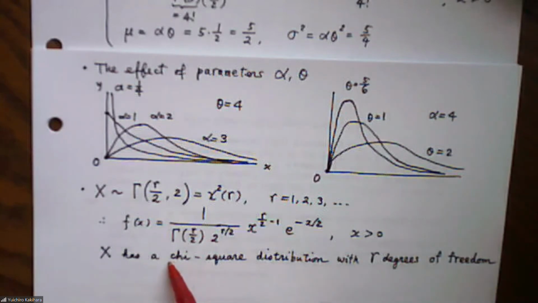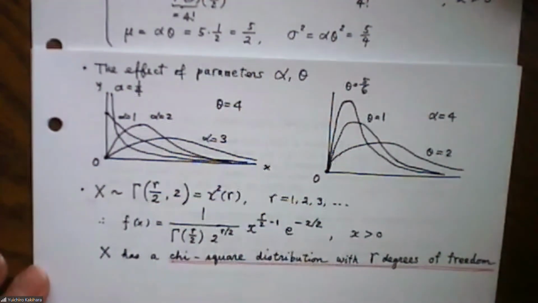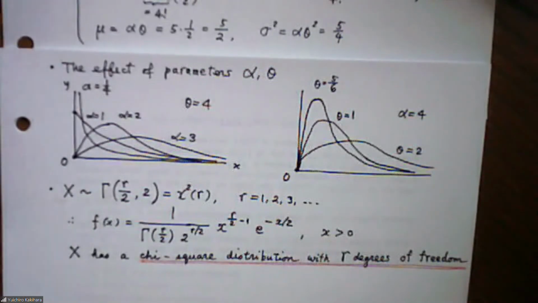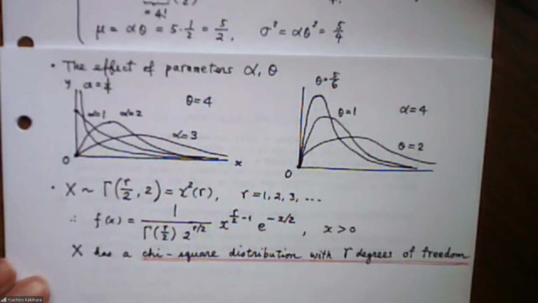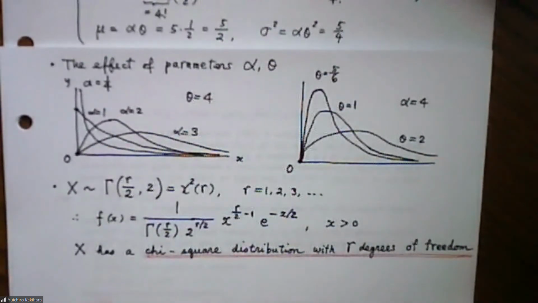So this is the definition. As I mentioned, r degrees of freedom is equivalent to the sum of r independent standard normal random variables. So there are r degrees of freedom. That's the meaning of this. I shall explain in the next section, probably 3.3.